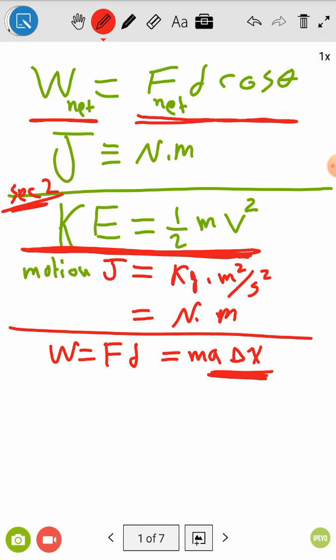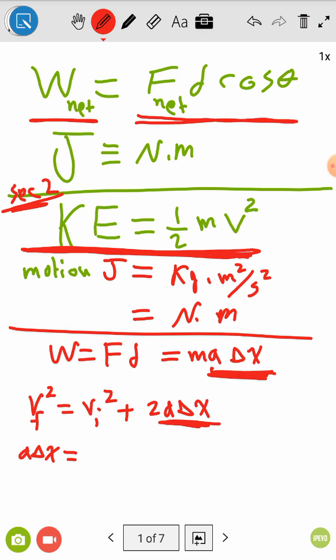You can get the value of a delta x by using the motion equation: v final squared equals v initial squared plus 2 a delta x. Solve this equation for a delta x, and you will find that a delta x equals v final squared minus v initial squared over 2.